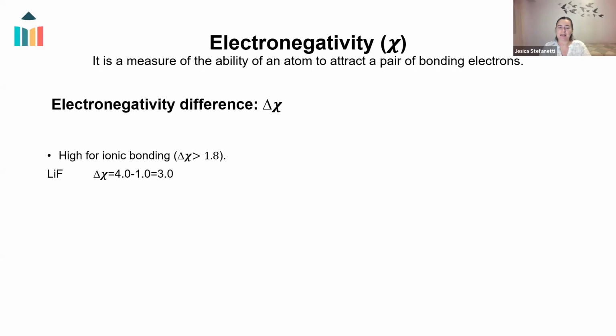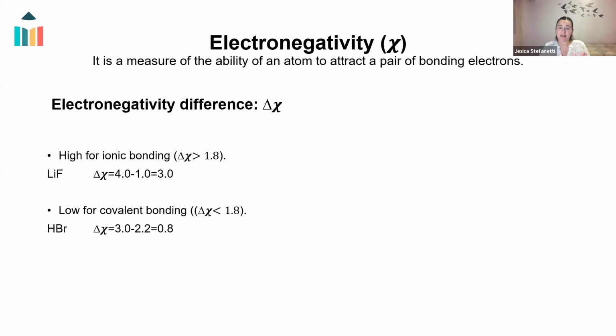Usually we'll see that structures with a high difference in electronegativity will present ionic structures. But if we have a low difference in electronegativity, usually those structures tend to share electrons, meaning they have covalent structures.